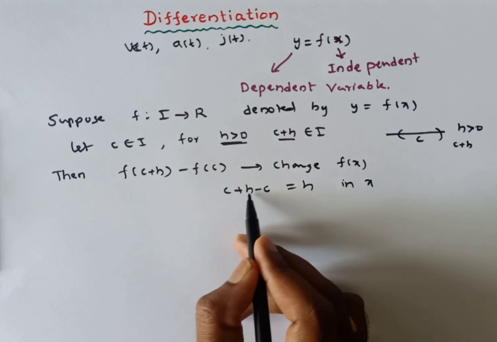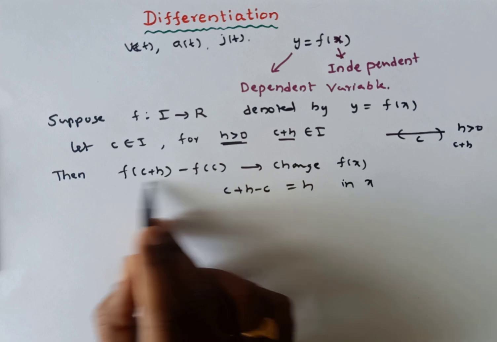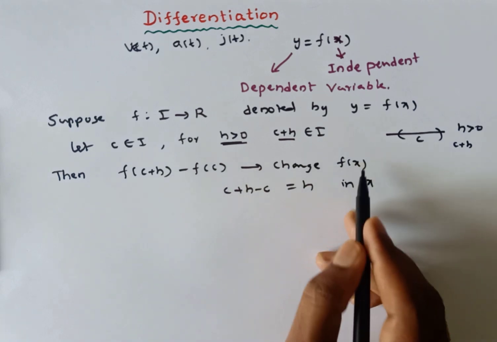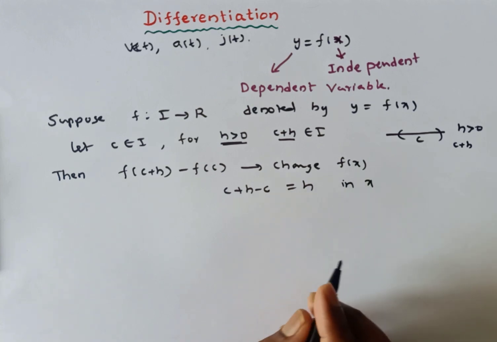Here c plus h and c are the x values, and f of c plus h and f of c are the y values. The difference f of c plus h minus f of c is nothing but the change in f of x, and the difference c plus h minus c is nothing but the change in x.